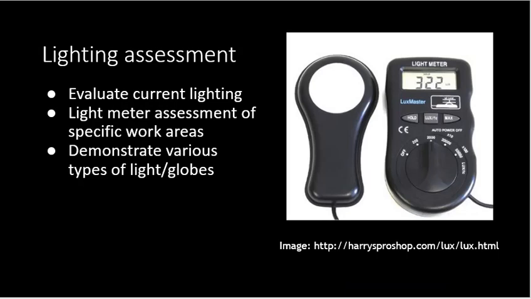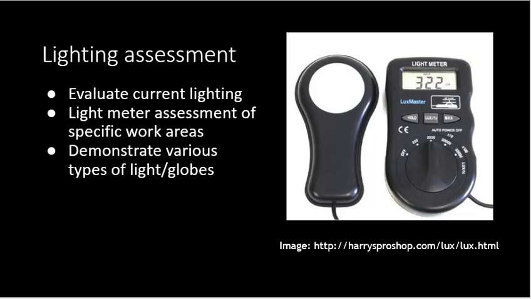If you're evaluating lighting in your patient's living environment, a light meter can provide you with really good information about illumination. The light meter measures how much light is actually bouncing off a surface and is measured in lux. With this light meter, you can document whether there is sufficient lighting and justify the need for improvement.